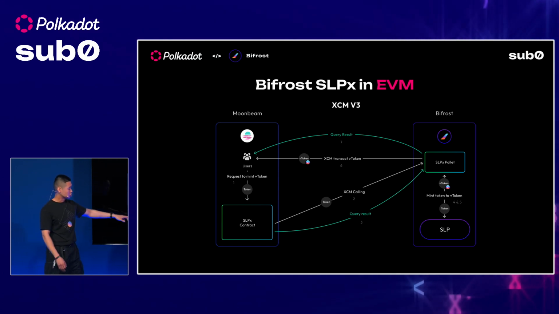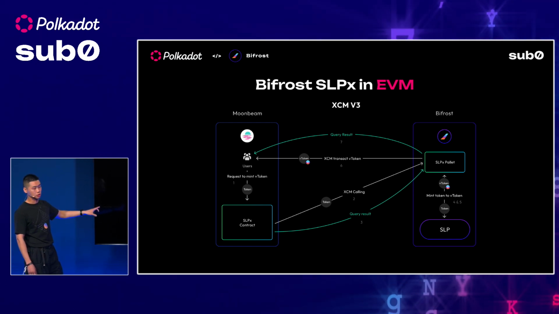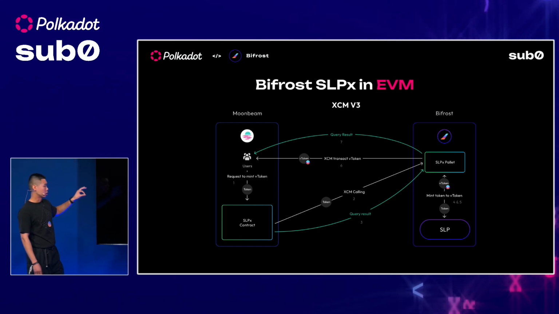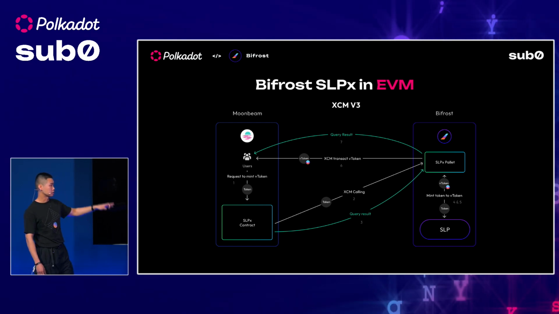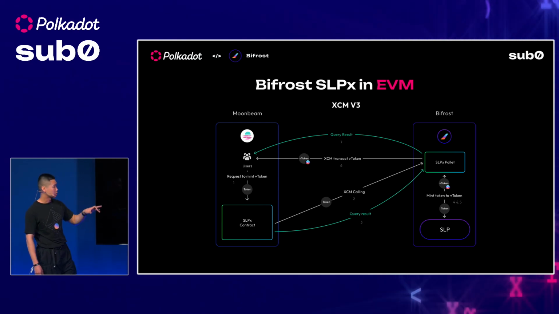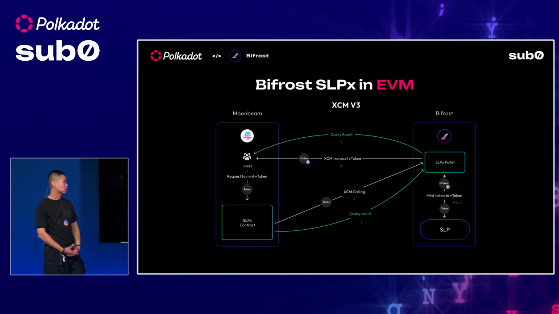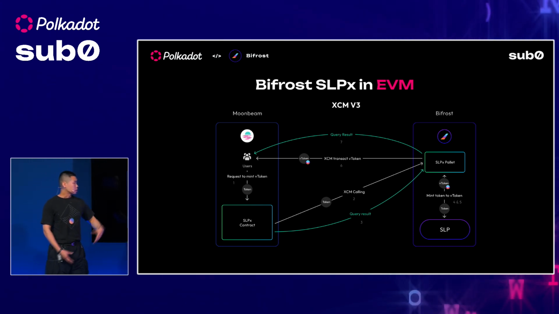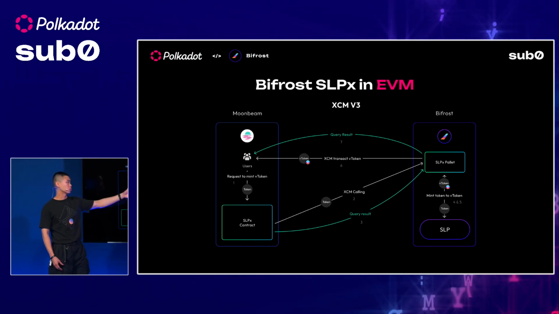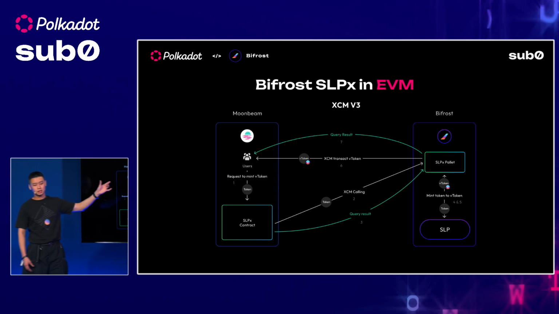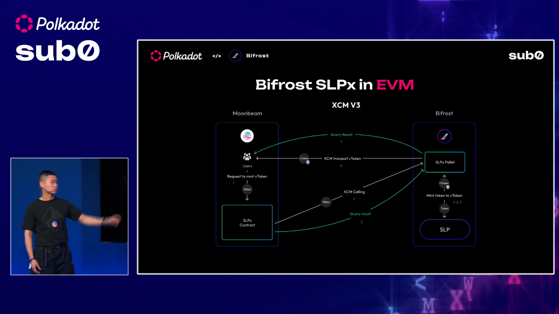The SLPx contract starts to work, and when it receives the token from the user, the contract teleports the asset to the Bifrost chain and then activates the SLPx pallet. The pallet mints the V token. After that, the V token has to be received by the user. That's the final step: the XCM transaction works, and the whole procedure is done.